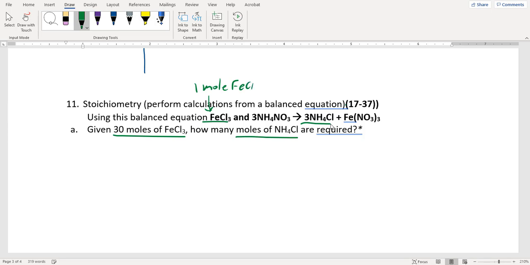So for this reaction, we need 1 mole of iron chloride, 3 moles of iron nitrate, 3 moles of ammonium chloride, and 1 mole of iron nitrate.